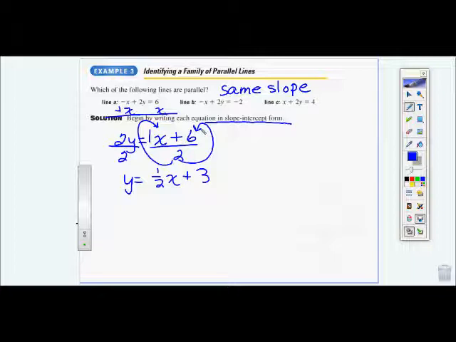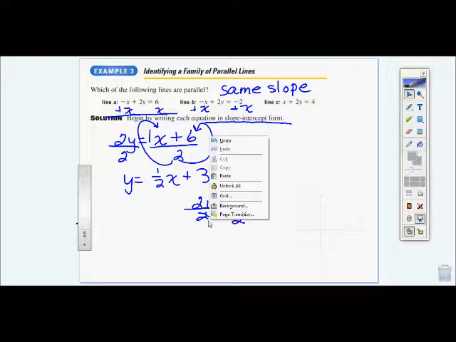In my next one, I'm going to write that one down here a little bit. I'm going to add x to both sides again. So I will end up with 2y equals x minus 2. Divide both sides by 2. Whoops, sorry about that.